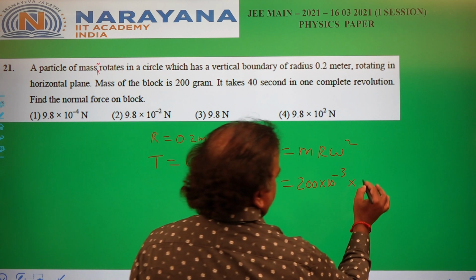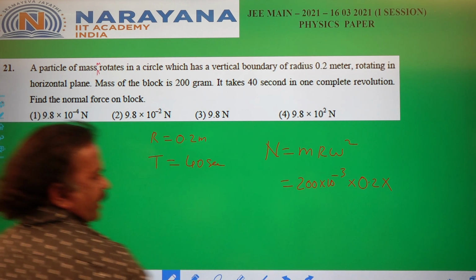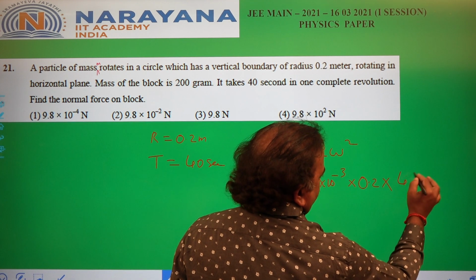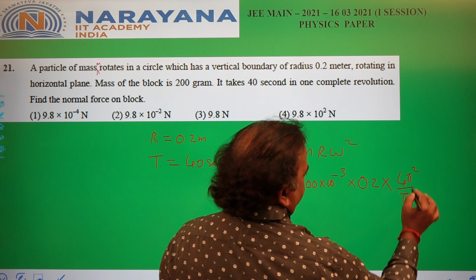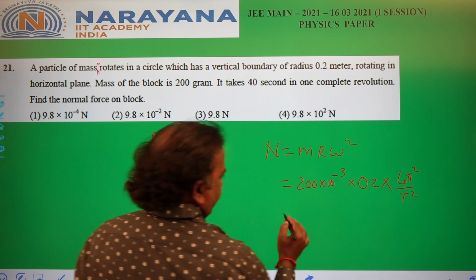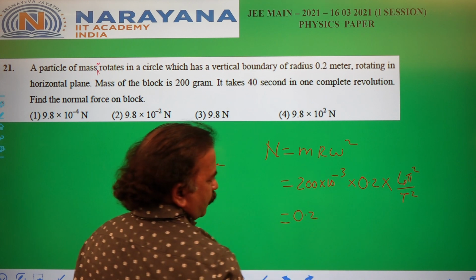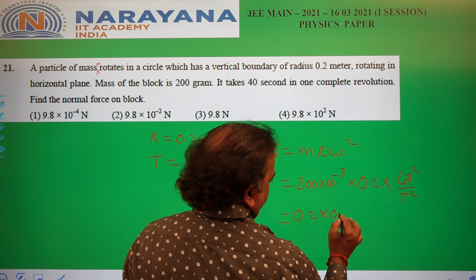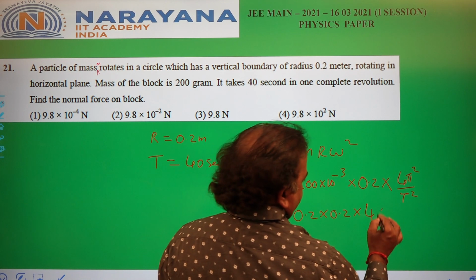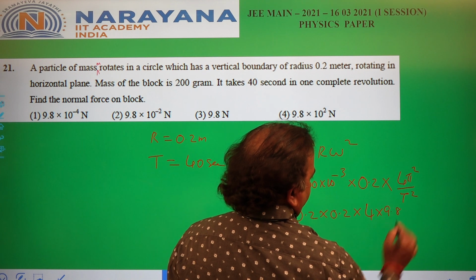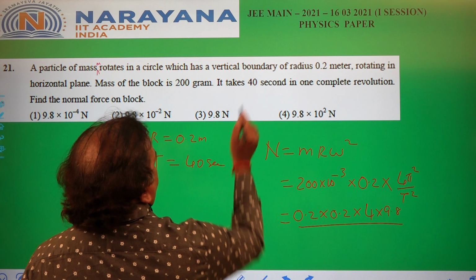Radius 0.2 meters. Omega square I can write as 4 pi square by T square. T is already given. So this is 0.2 into 0.2 into 4 pi square, I'll take approx 9.8, by T, which is 40 seconds.